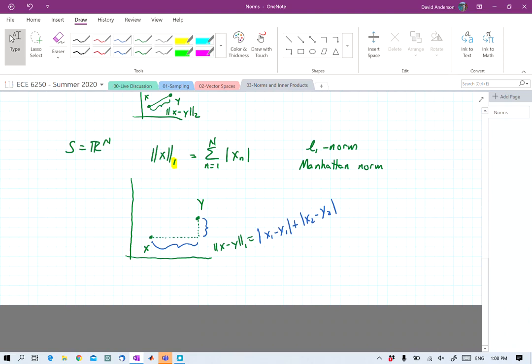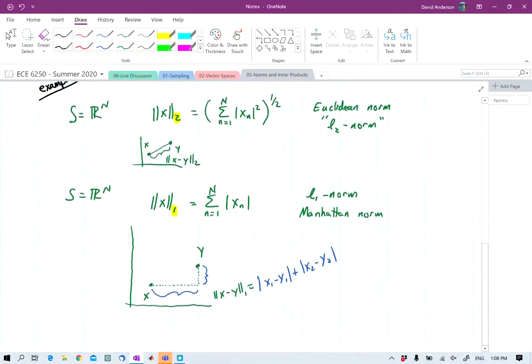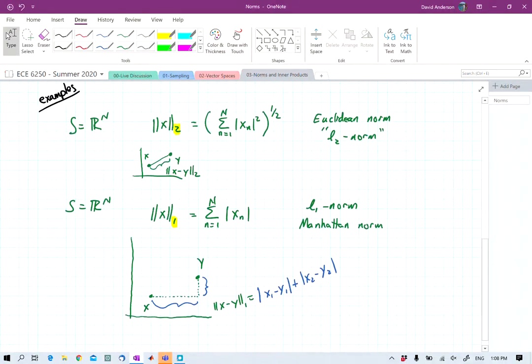The L1 norm is being used more and more. One of the reasons the L2 norm is used so much is, one, it corresponds to what we experience in physics. It is related to our common measurements of power or energy. The Euclidean norm squared would be the energy of a vector if that vector represented some physical quantity such as voltage or height or other things like that. So it has a lot of physical correlates.